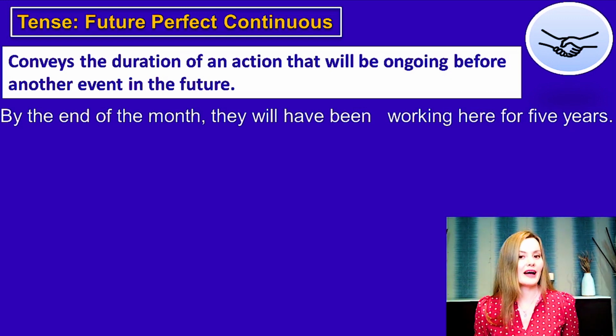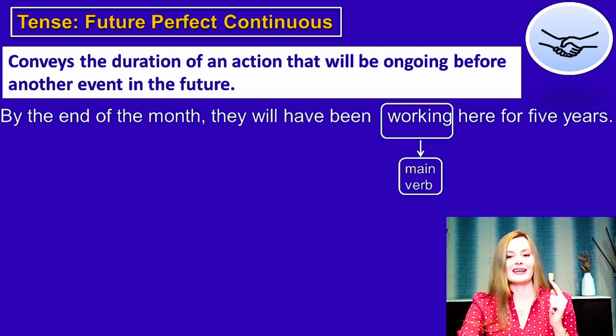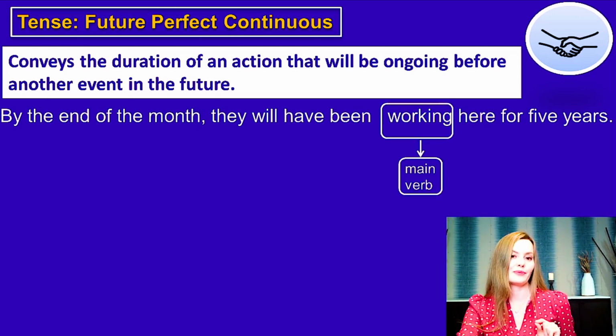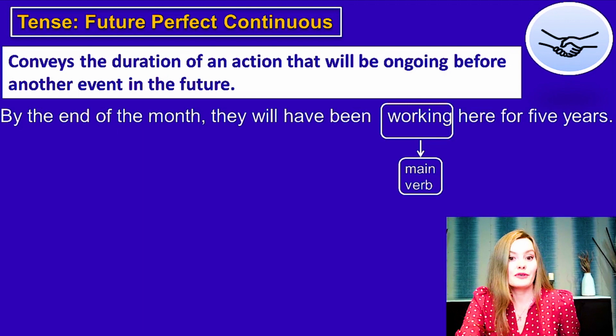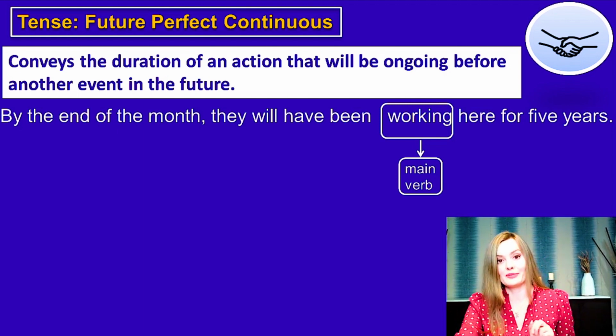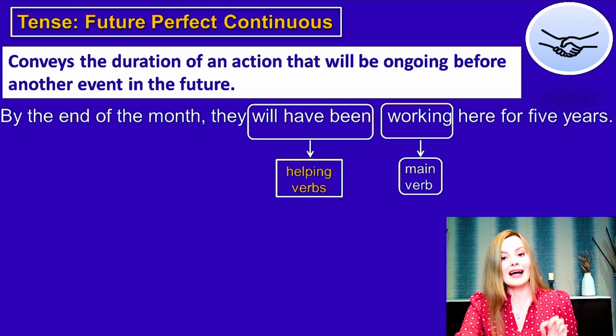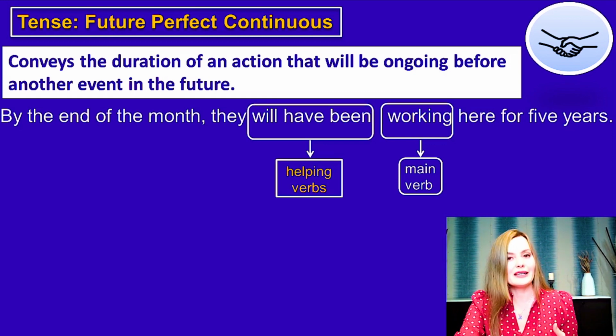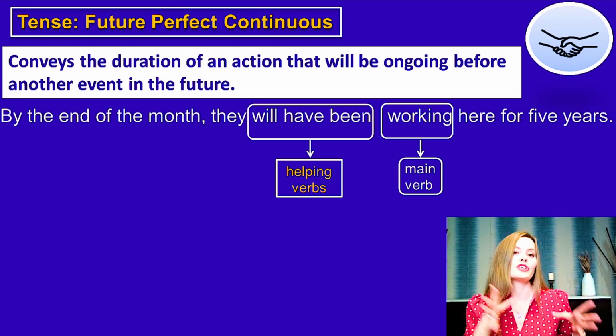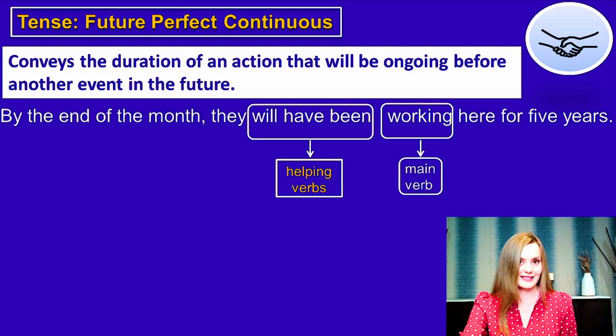What will they have been doing here? Of course, working. Working is the main verb. And what are the helping verbs? There are 3 helping verbs in this sentence. Yes, you're right. Will have been. Will have been are the helping verbs that help us to build the future perfect continuous tense.